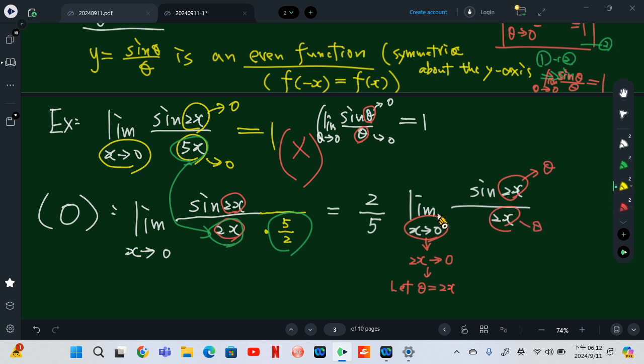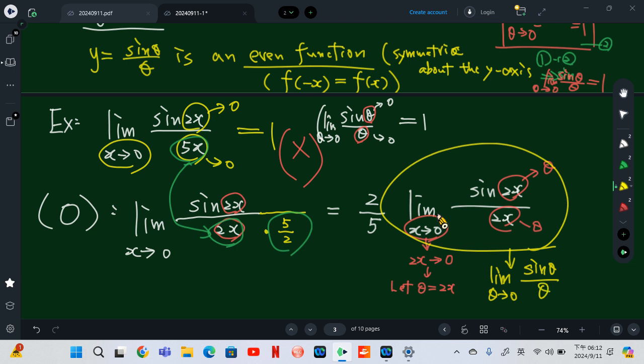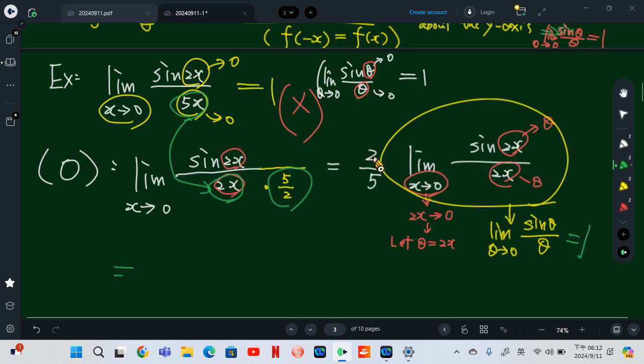So right now you have the limit as theta approaches 0 of sine theta over theta, right? We already know the result is 1. Then finally we get the result 2 over 5. This is the correct answer.